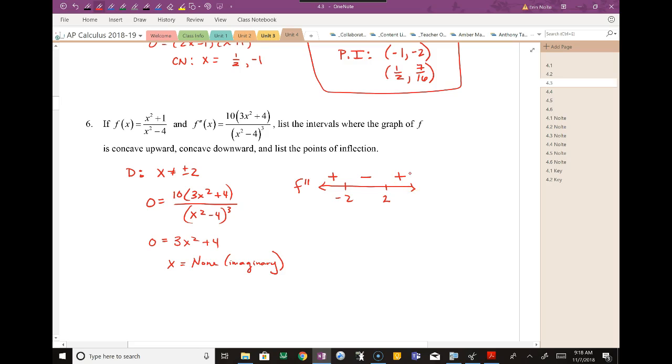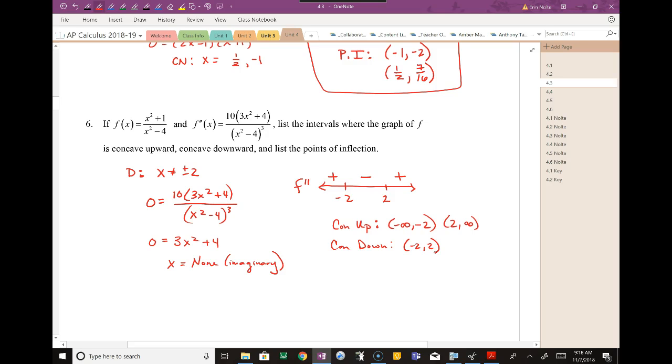So tell me what I have. We have concave up between which intervals? -∞ to -2, and 2 to infinity. Concave down between -2 and 2.